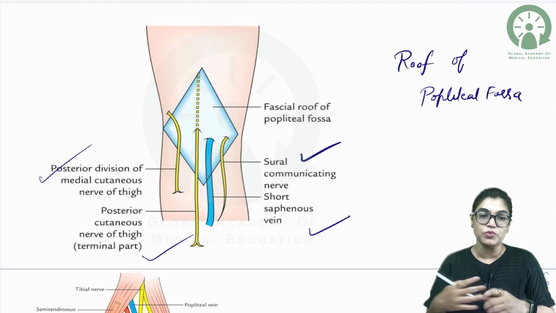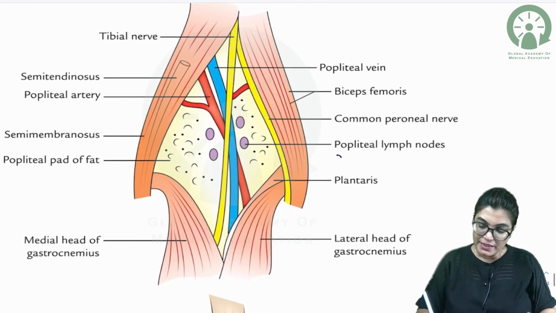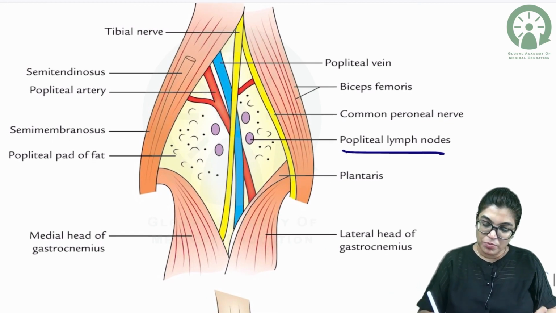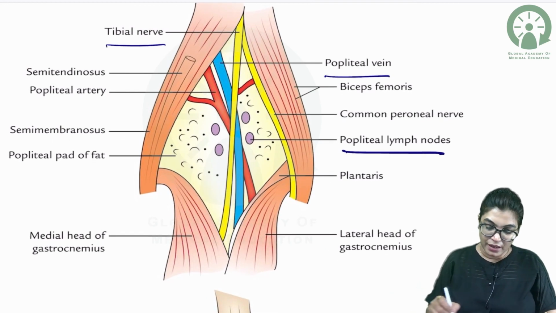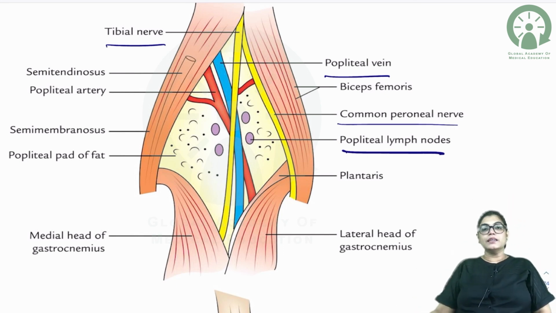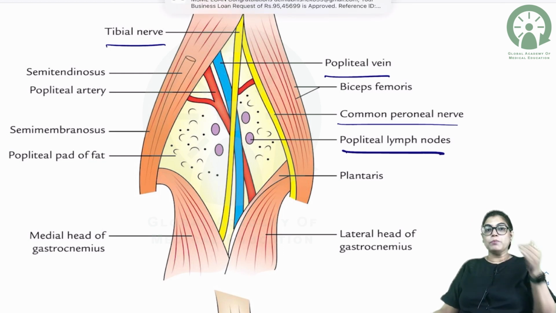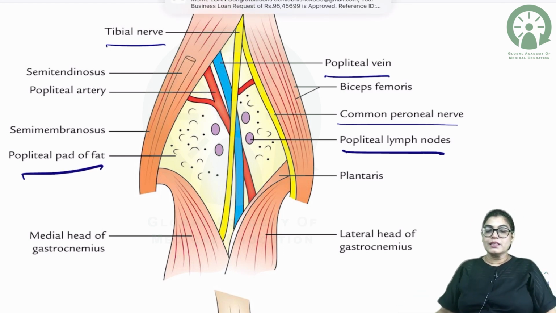The contents residing inside, you can see here: the popliteal lymph node, the popliteal pad of fat, the popliteal vein, the tibial nerve, and the common peroneal nerve. So, the most important contents of the popliteal fossa are the tibial nerve, popliteal vessels, popliteal lymph node, and popliteal pad of fat. All this I have highlighted.